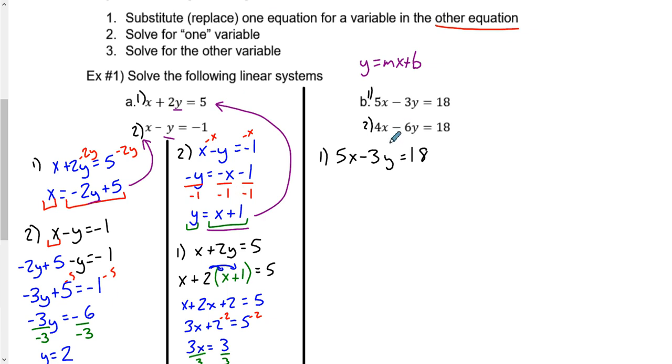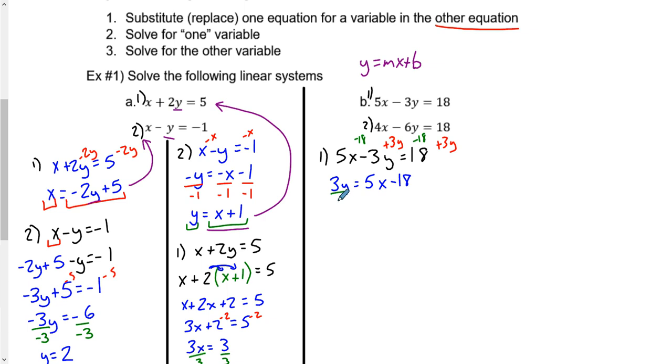Another way that some of you may prefer to do is I can add a 3y and then subtract off my 18, meaning I'd have a positive 3y equaling 5x subtract 18.